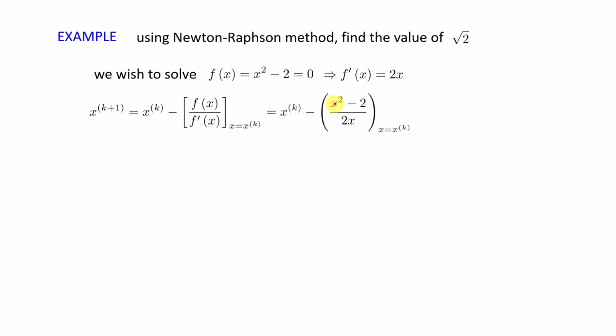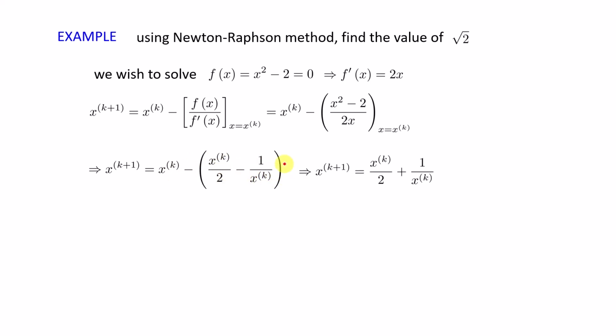So x_k minus x square minus 2 divided by twice x evaluated at x equal to x_k, which again gives us the (k+1)th iteration x is equal to the kth iteration x minus, here x square by 2x, so that gives us x by 2, and 2 by 2x, that gives us 1 by x. Both x's are taken as kth iteration value. So this is x_k minus x_k by 2 minus 1 by x_k.